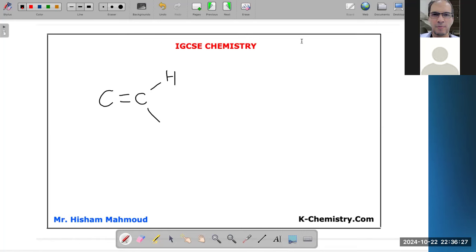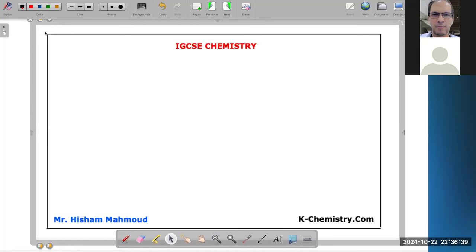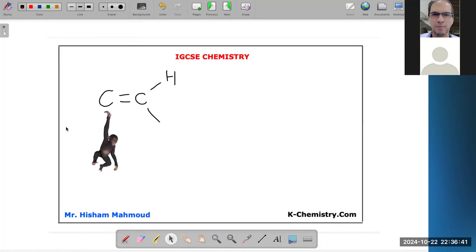Anything that's dangling from your compound, don't care if it is big or small. Just keep it attached and draw it as it is. If you have this carbon dangling from it, then keep him like that and then do it again.